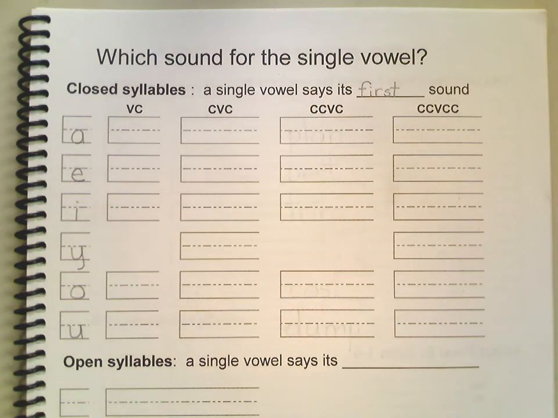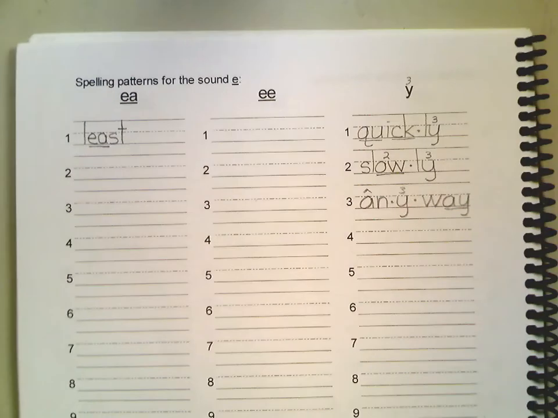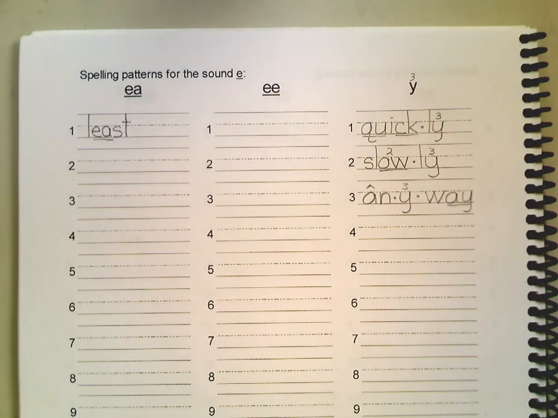All right, let's see. The next thing we'll do in this video is go to the back of our notebook because I forgot we should put which E we use in sleep. So we're going to go to page 78 and 79 where we have our E's.